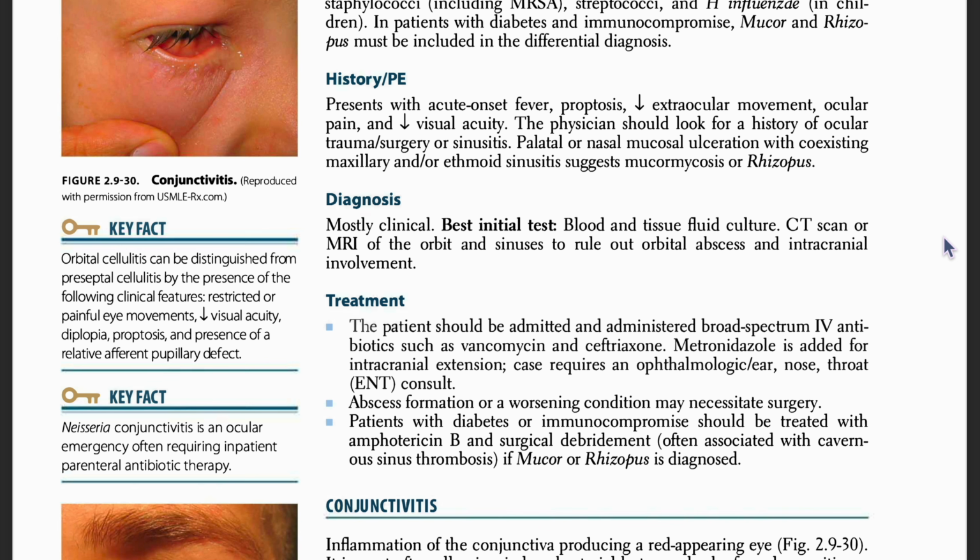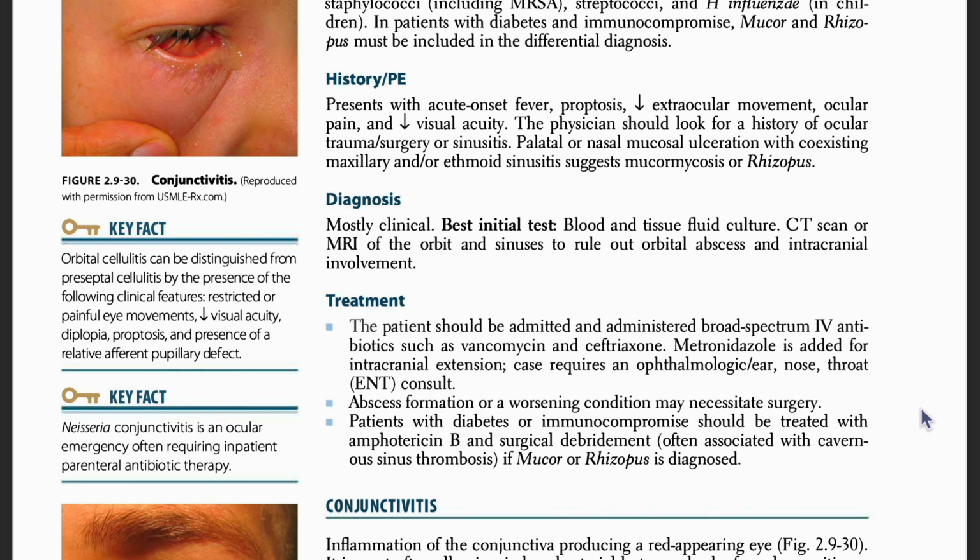Treatment here is that the patient should be admitted and administered broad spectrum IV antibiotics such as vancomycin and ceftriaxone. Vancomycin and ceftriaxone, so that's a big one, and ceftriaxone is third generation. Metronidazole is added for intracranial extension.